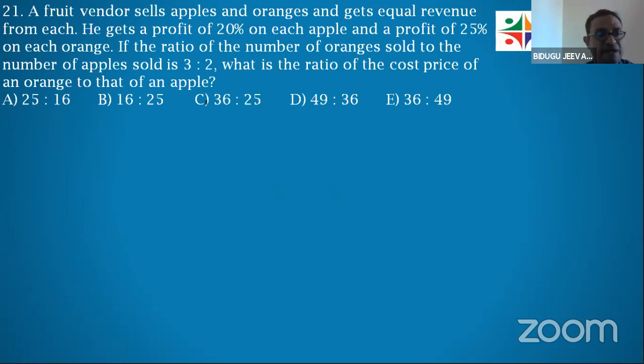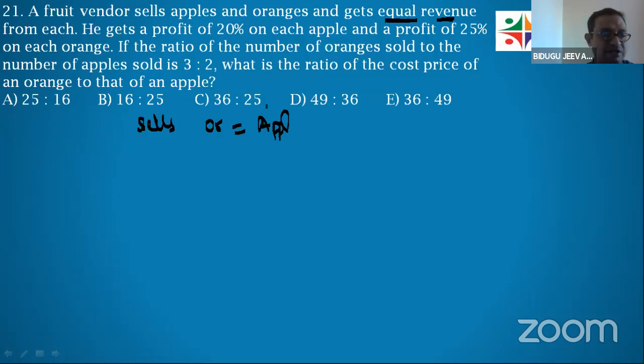Right. A fruit vendor sells apples and oranges and gets equal revenue from each. He is getting equal revenue.